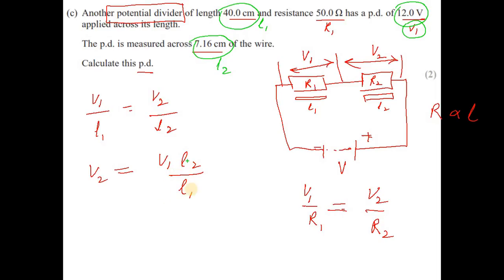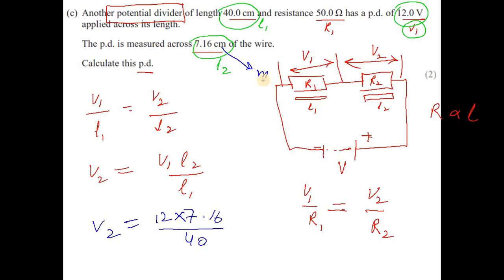So you can put all the three numbers and calculate V2 as 12 times 7.16 divided by 40. In this case, you don't need to convert this centimeter into meter. If you wish, you can convert, but it's just a waste of time.